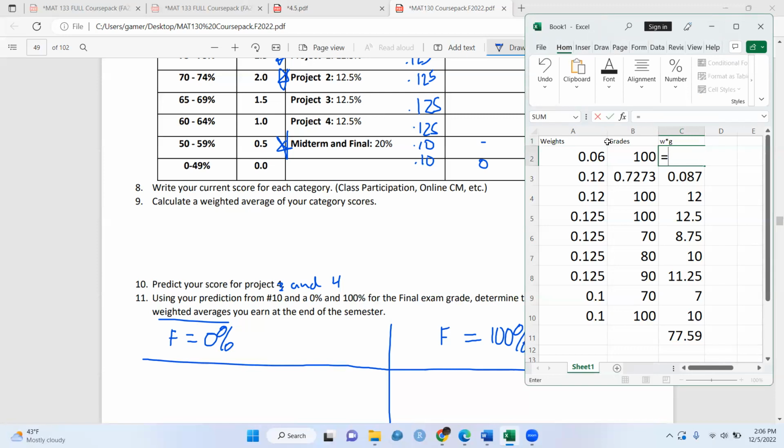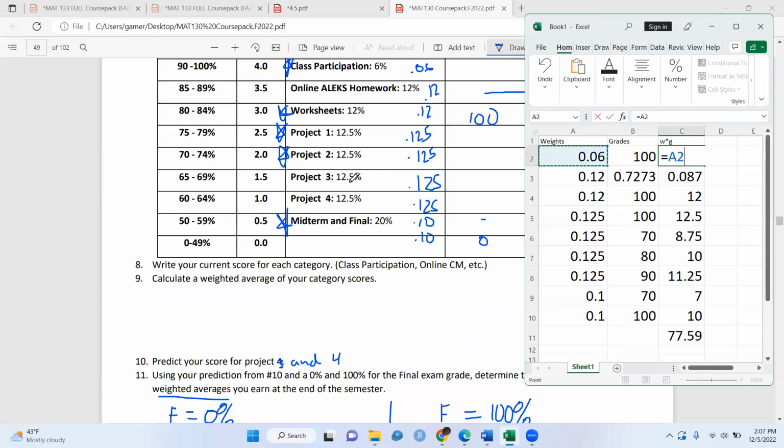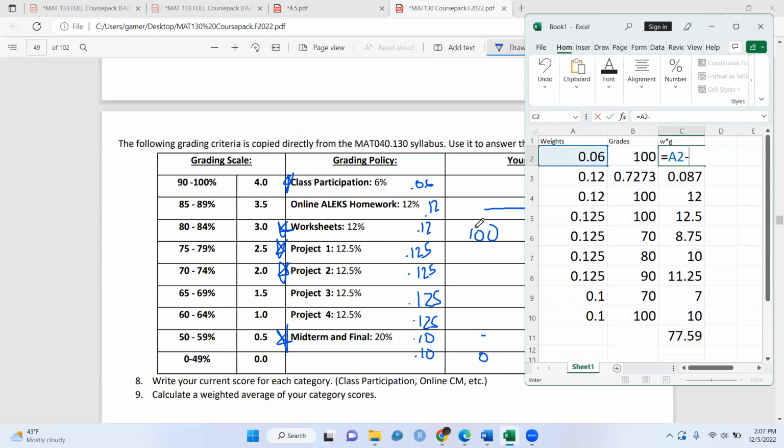So you just hit your equal and you select the weights, which is these numbers in here, times, whoops, the asterisk button, times what your grades were that you entered, like that. Okay, and then add them all up. Good. And you're good with the drag and the sum thing, right? Yep. Good. That's it.